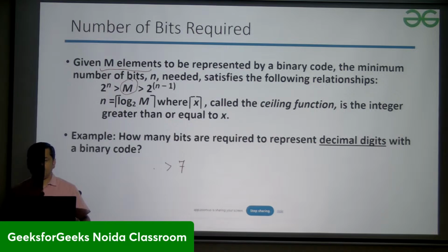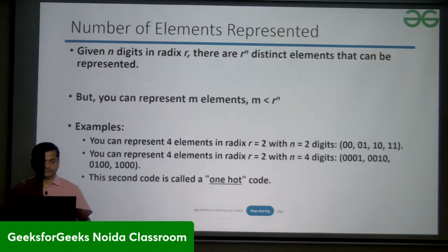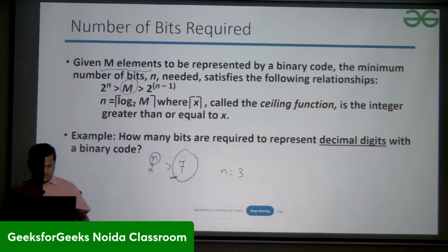The value 2 to the power n must be equal to or greater than m, so that n bits can represent this information. In this case n is going to be 3, so 2 to the power 3 is 8, which is sufficient to represent all this information.